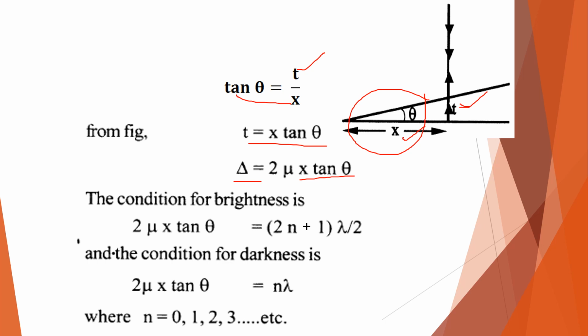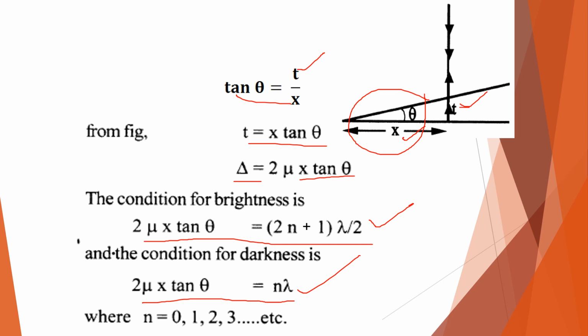Now you have to write the conditions for constructive and destructive interference. For brightness, it is 2 mu x tan theta is equal to (2n plus 1) lambda by 2, and for darkness, it is 2 mu x tan theta is equal to n lambda. Please remember, both these equations are important while writing this essay for the exam.